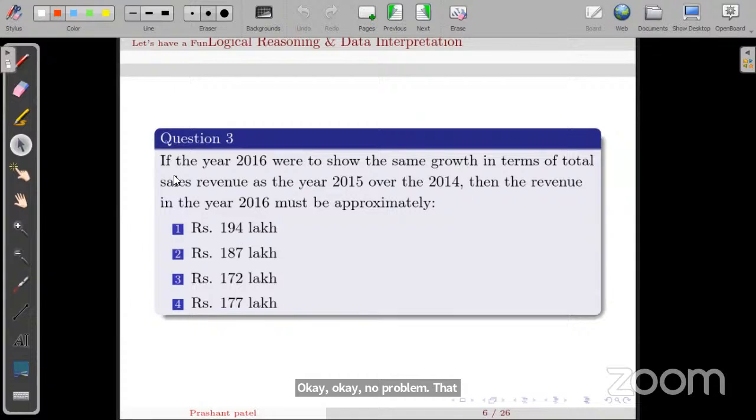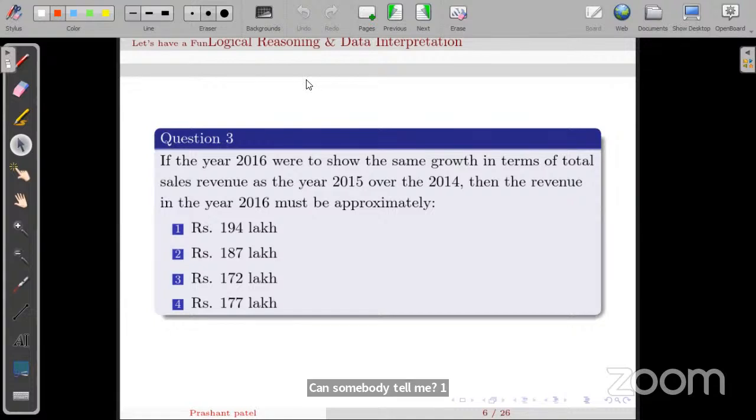Let us see this. If 2016 were to show the same growth in terms of total sales revenue as 2015 over 2014, then the revenue in 2016 must be approximately... can somebody tell me? 177.